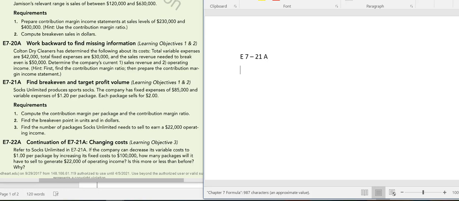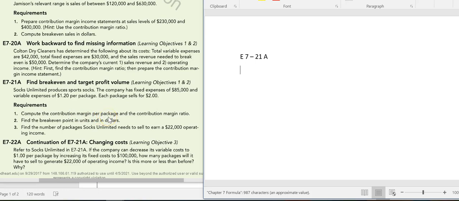E7-21A. First question, compute the contribution margin per package. So you know the idea of contribution margin is the same as what you did in chapter 6 when you did your contribution margin income statement. Contribution margin is just the difference between your sales price and variable expenses. And it says to calculate the contribution margin per package or per unit.